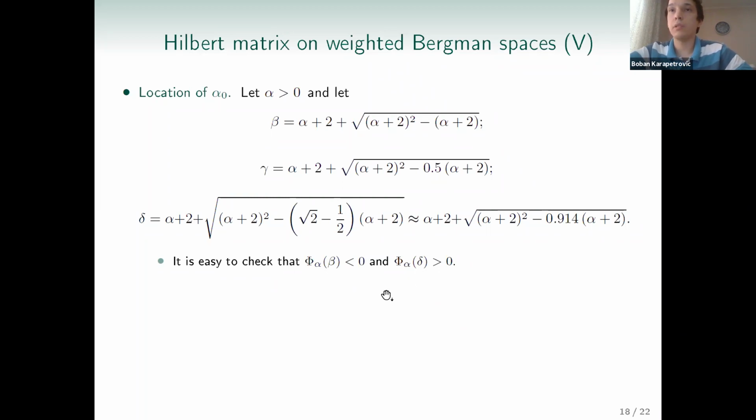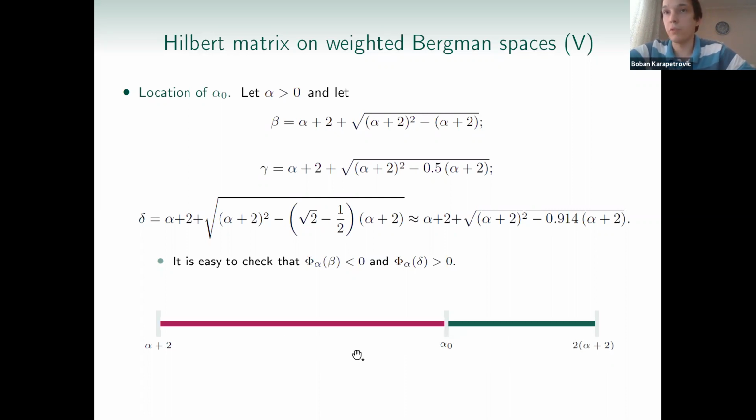So on the interval with these two endpoints, alpha plus 2 and 2 times (alpha plus 2), we have somewhere this point alpha_0. And on this part, from alpha_0 to 2 times (alpha plus 2), we have a positive solution of the conjecture. And on the remaining interval, on this bigger interval, we do not have a solution of the conjecture.